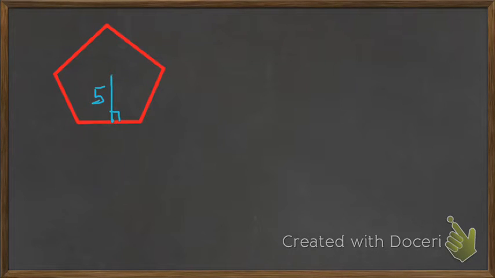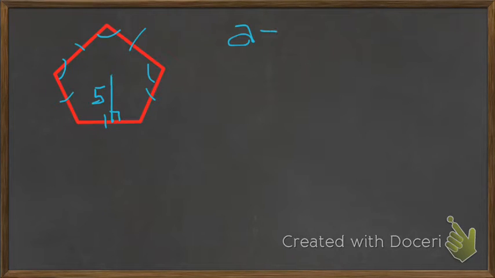So here you see a pentagon. There are 5 sides. Let's go ahead and tell the world it's a regular pentagon, so all these angles and sides are the same. In that regular pentagon we see right off the bat the value of the apothem.